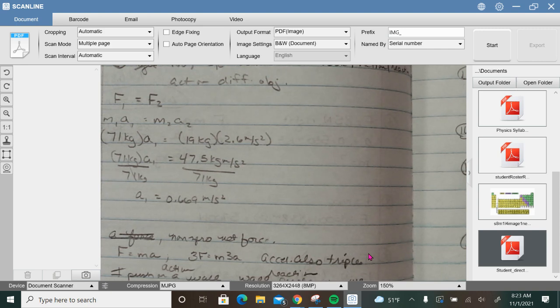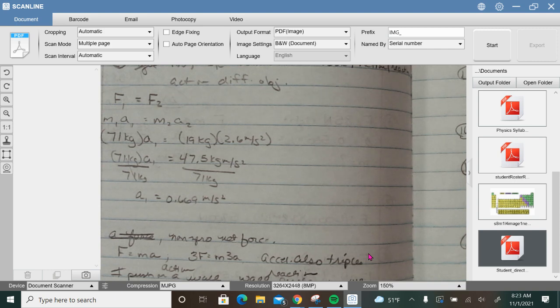Number 3 is 481 kilograms. Number 4 is 5,700 newtons. Number 5 is 41 kilograms. Number 6 is decrease and 0.0018 meters per second squared.